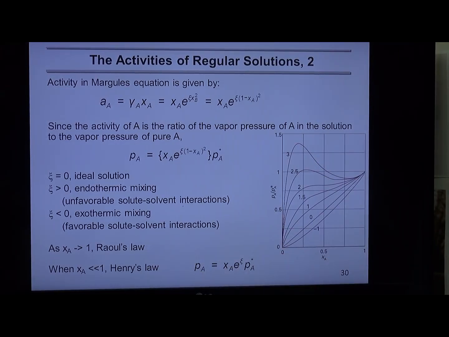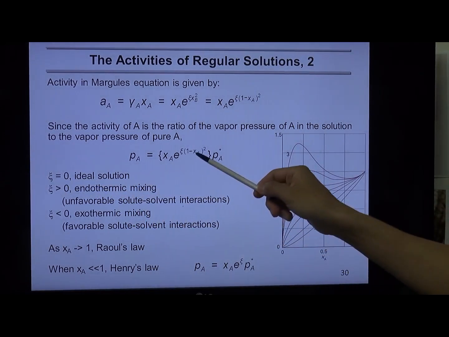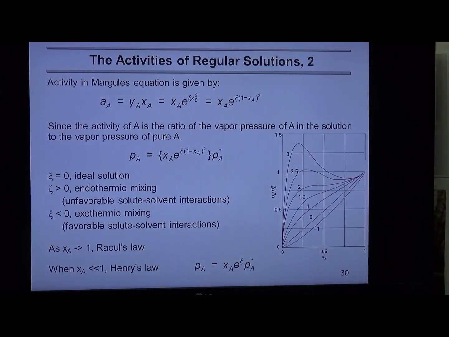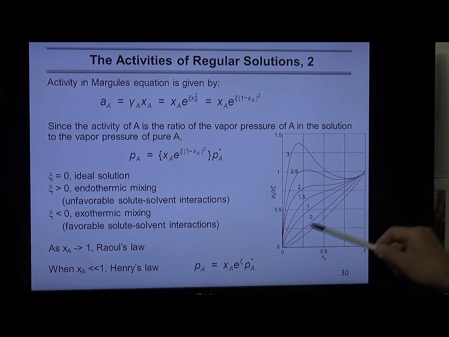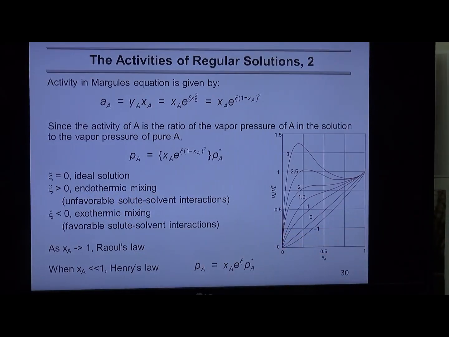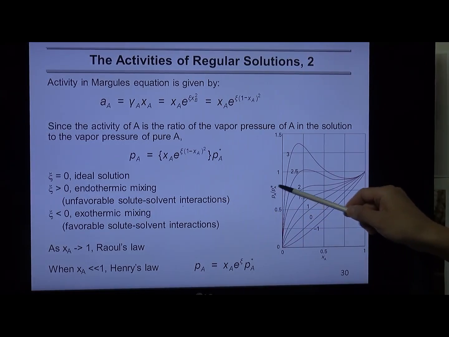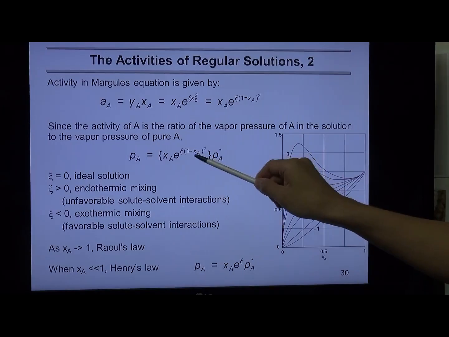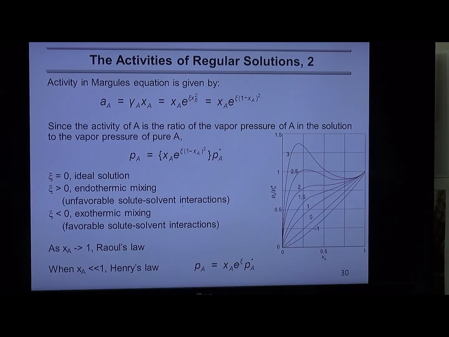Let's see. When psi is equal to 0, then PA is equal to xa PA star. Ideal solution behavior here. When psi is larger than 0, if you recall the regular solution part, it is endothermic mixing. Then PA over PA star behaves something like this. This number represents the constant psi.